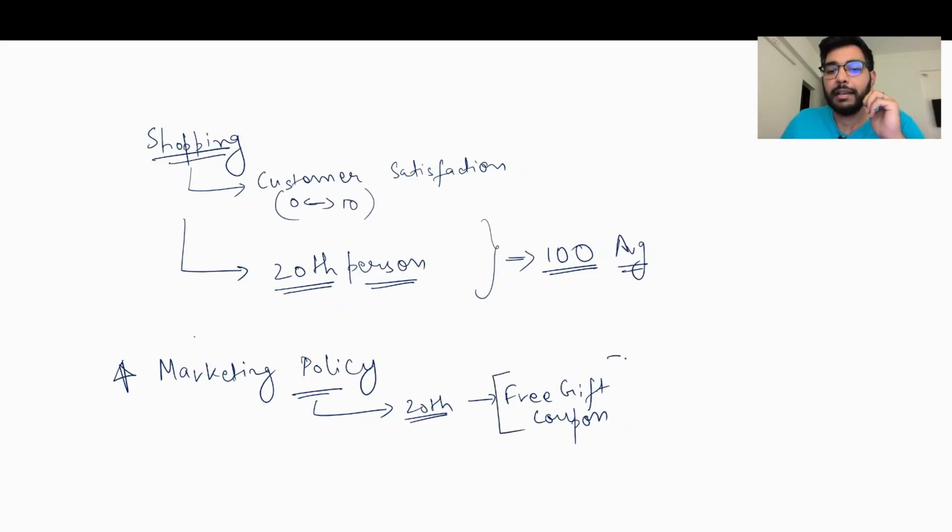Now this creates a bias while I am gauging the customer satisfaction score, because most of the people who are walking out with the free gift coupon will give me a satisfaction score of 9 to 10. The reason is that I am giving them a free gift coupon.